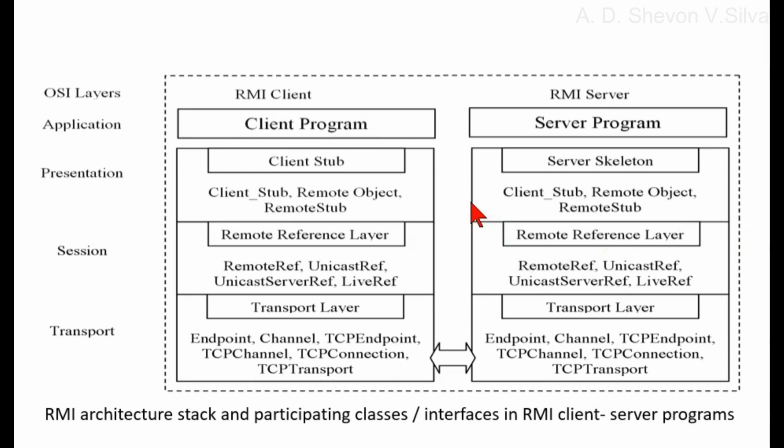RMI supports two classes that implement the same interface. The first class is the real implementation of the behavior, which runs on the server machine, called the remote service object. The second class acts as a proxy for the remote service and runs on the client machine.